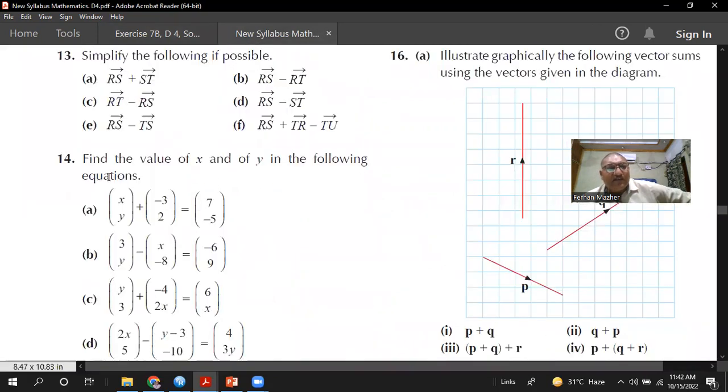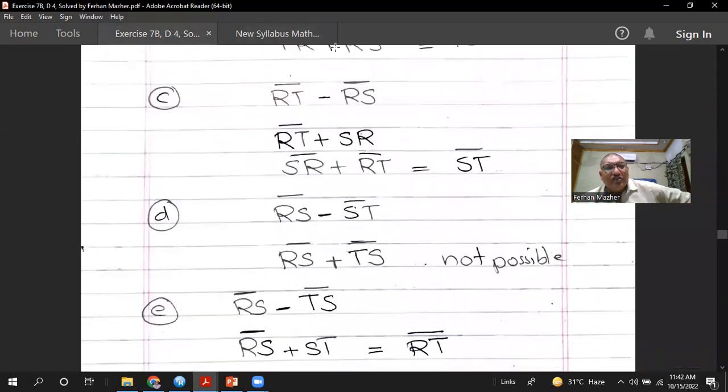Next question is RT minus RS. Change this sign, so the order will change. This becomes SR. Now write this first, this second.